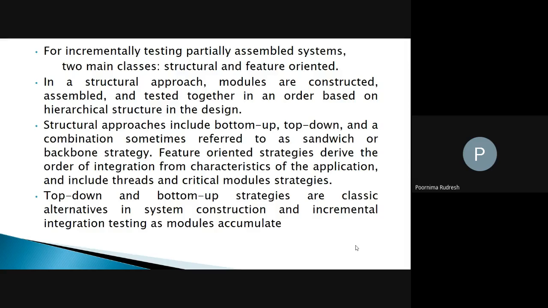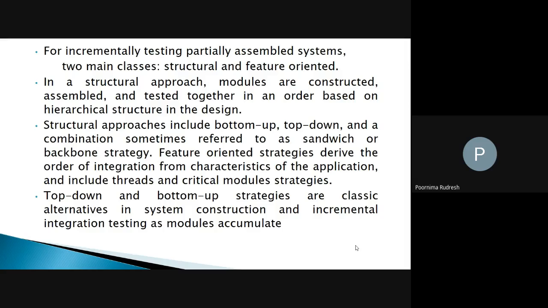And next, the feature-oriented approaches derive the order of integration from characteristics of the application and include the threads and critical modules strategies. Okay, so the feature-oriented approach includes the characteristics of the applications, and it also includes the threads and critical module strategies for system testing or incremental testing.